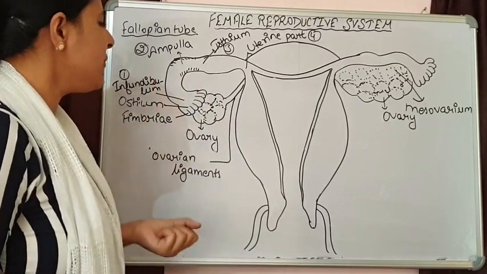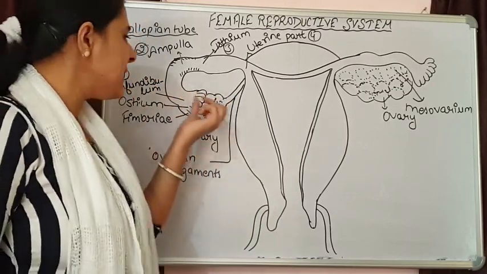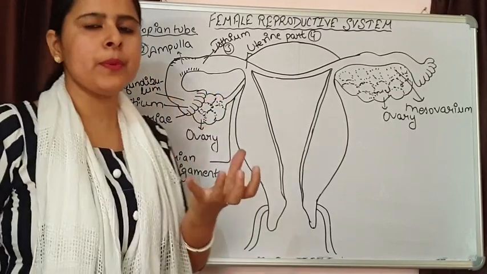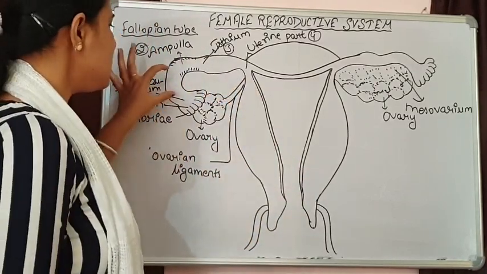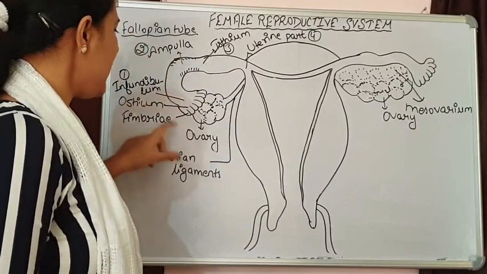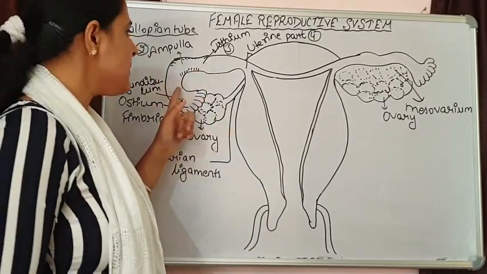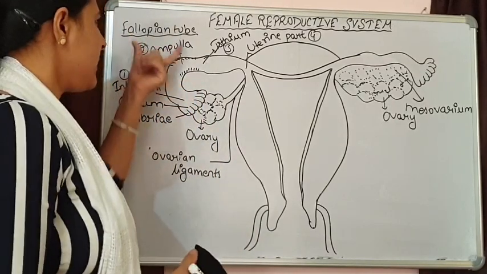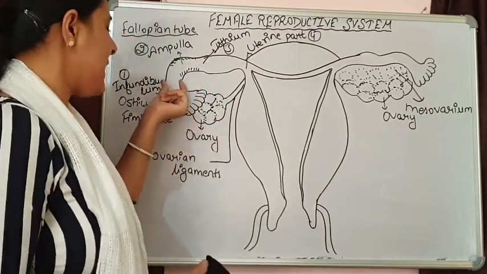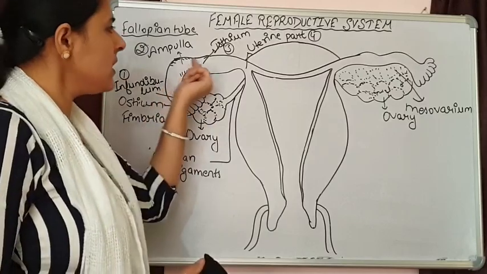The second main function is to provide the appropriate medium for fertilization. That means the fusion between the egg, or ovum, and the sperm takes place inside the fallopian tube. That is important about the fallopian tube. So zygote formation takes place inside the fallopian tube.